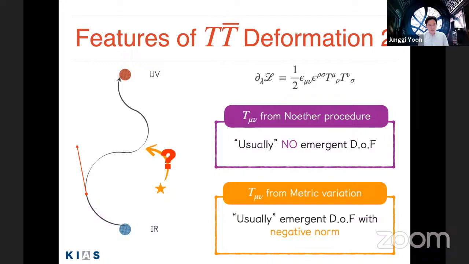The example in our paper tells us that the energy-momentum tensor from the Noether procedure usually leads to the expected properties, but this would not be true in general. For example, the TT-bar deformation of gauge theory is such an example.